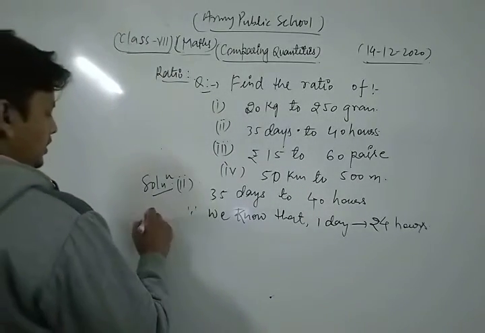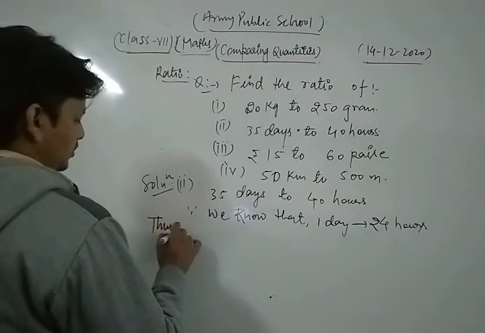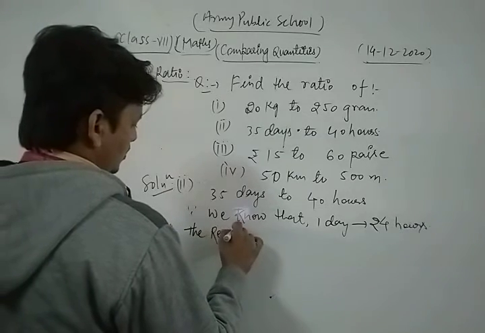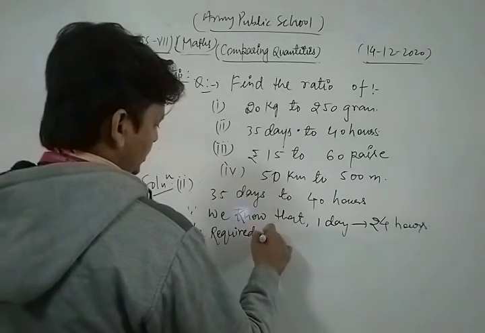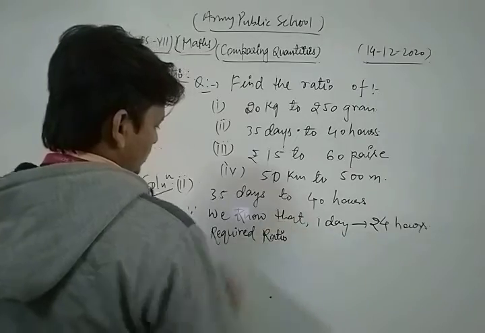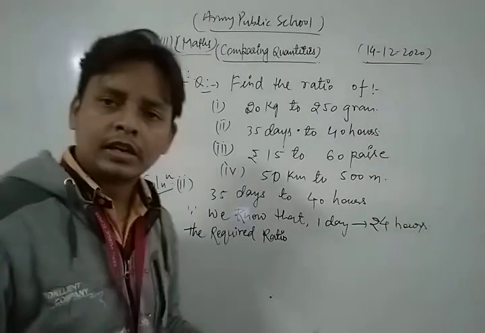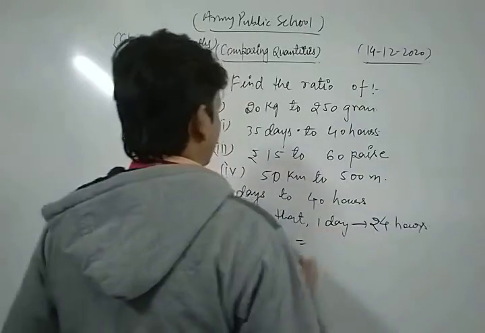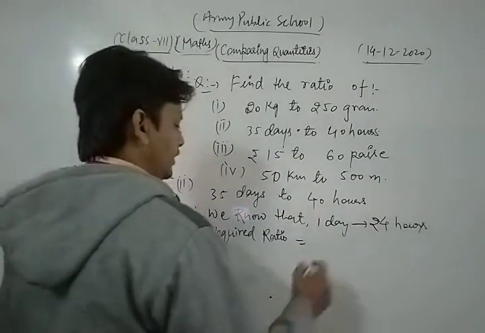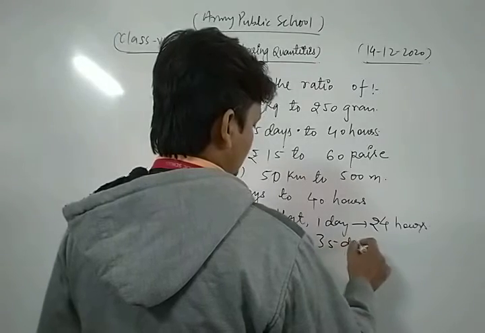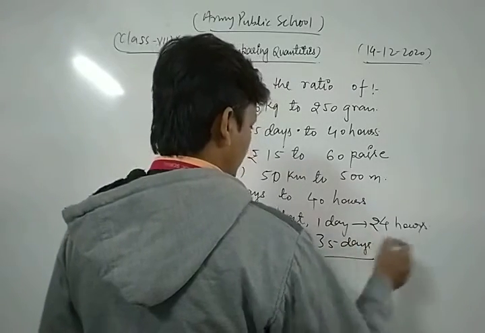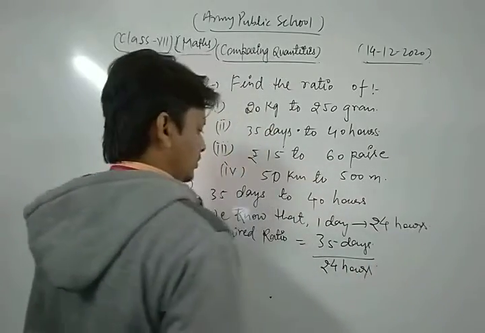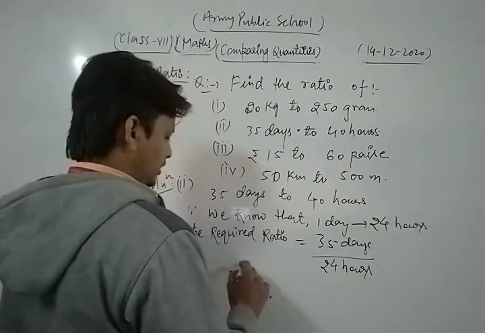Thus the required ratio is 35 days to 24 hours.